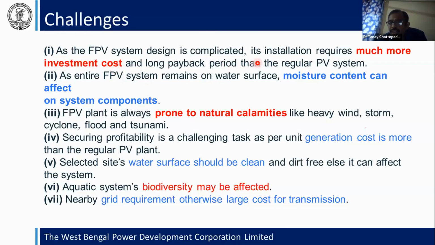During preparation of the module, you have to coordinate with the module supplier so that this arrangement can be done easily. On the system components, you also have to consider natural calamities, that is heavy wind load, storm, cyclone, flood, tsunami, etc.